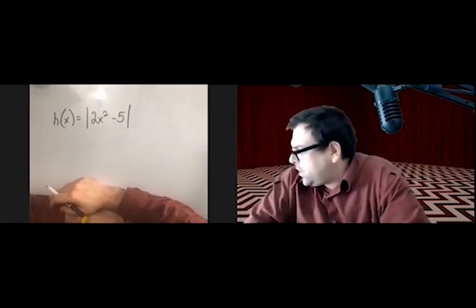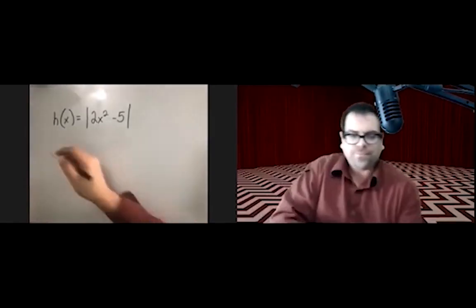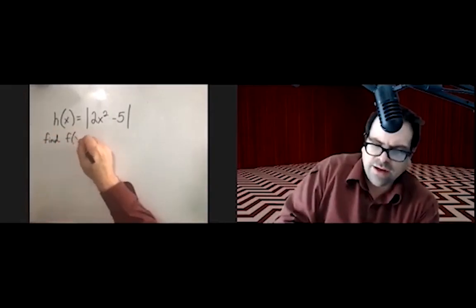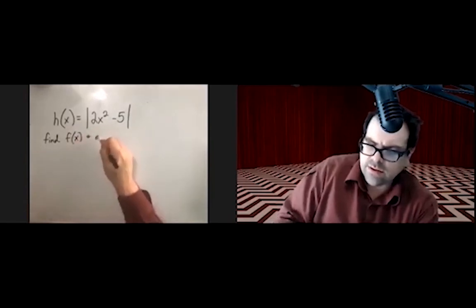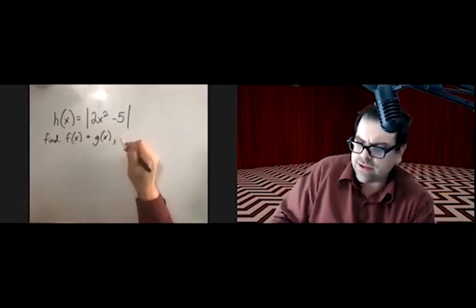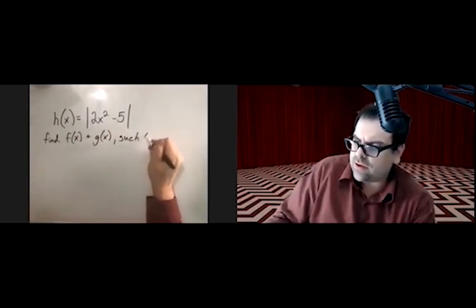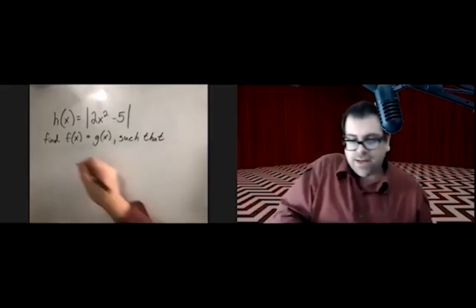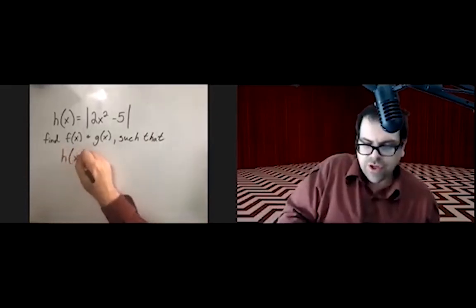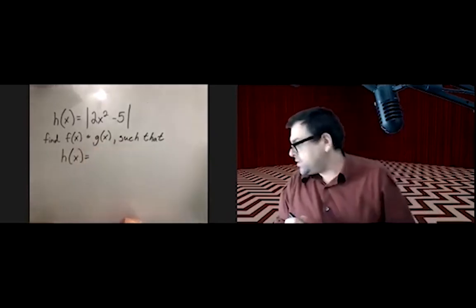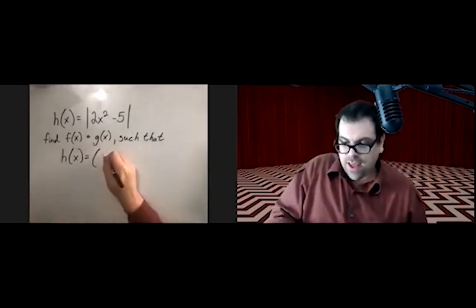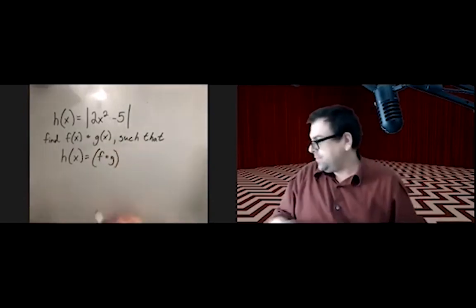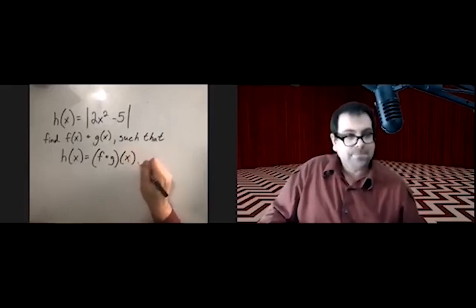But what we are going to do here is find f of x and g of x such that h of x equals f composite g of x.